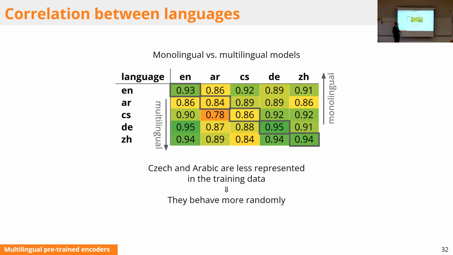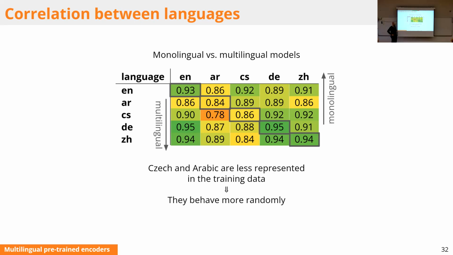So for this work, we created a multilingual sentence BERT that only uses monolingual data. The monolingual sentence BERTs are typically trained from the standard BERT by fine-tuning on natural language inference.